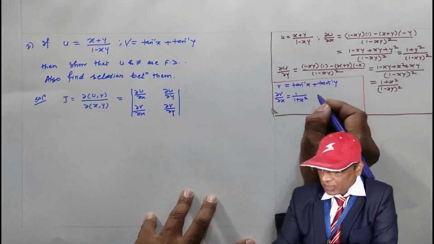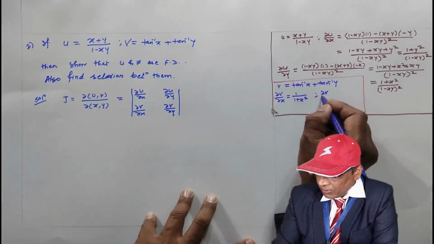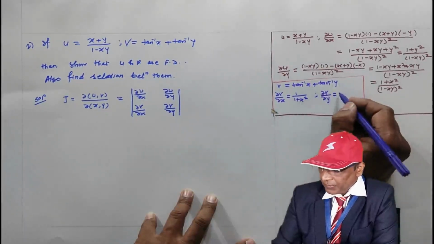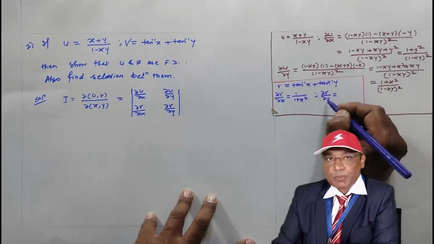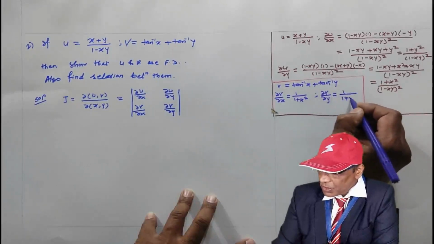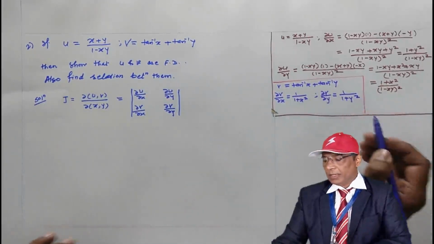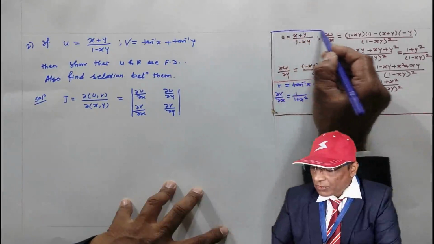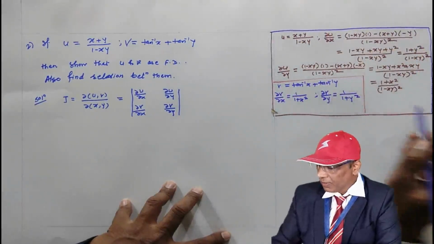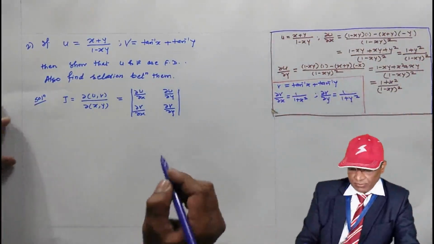Derivative of tan inverse y is 0. And del v by del y: derivative of tan inverse x with respect to y is 0, and derivative of tan inverse y is 1 by 1 plus y square. In this way, all 4 derivatives we found, because these derivatives are required.